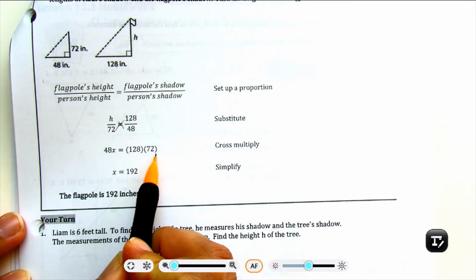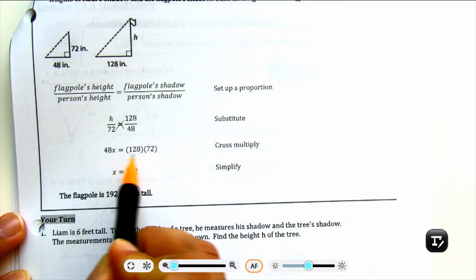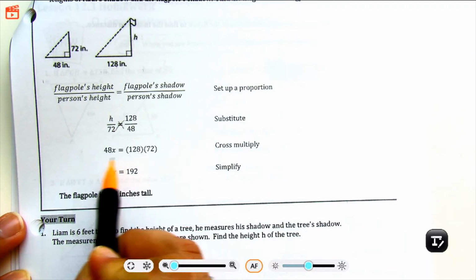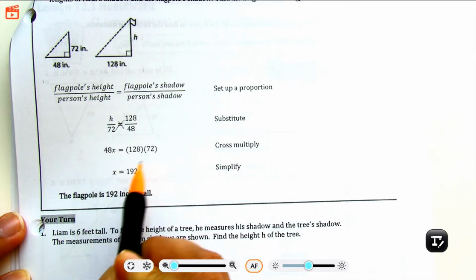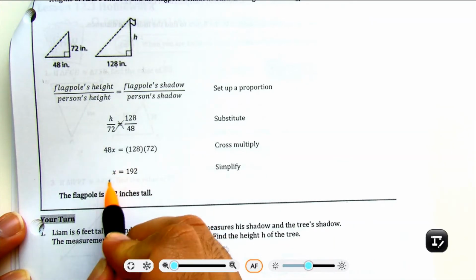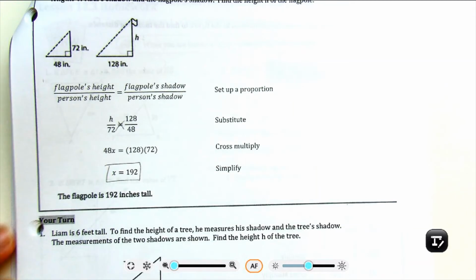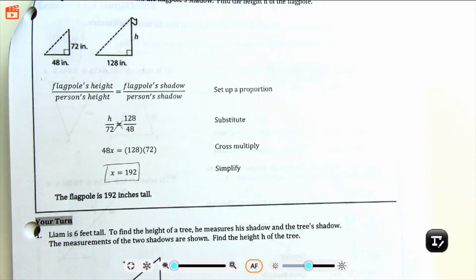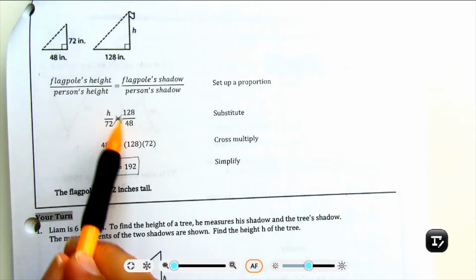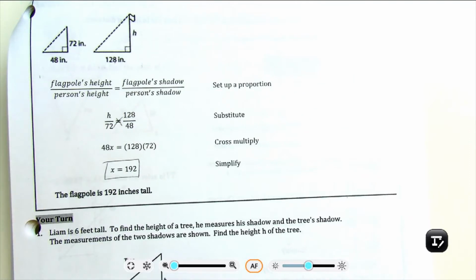They found what 128 times 72 is, and then divided both sides by 48, and they end up with 192. So the math in this lesson is pretty simple in that we're just creating the proportion, cross multiplying, and doing some basic algebra where we're solving for x.